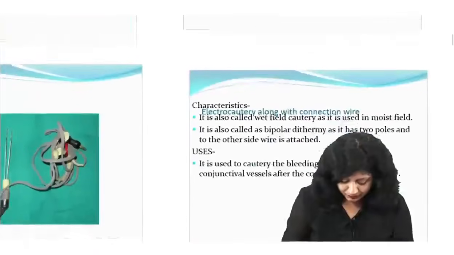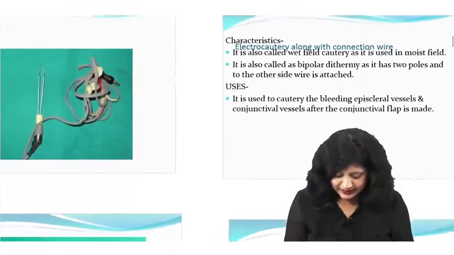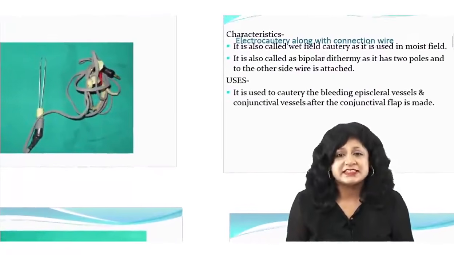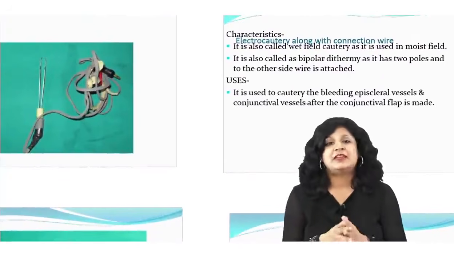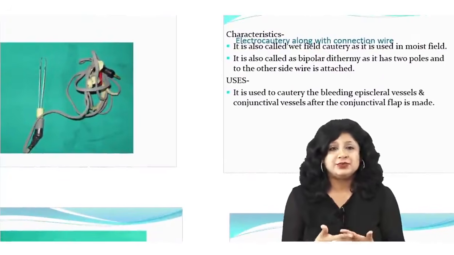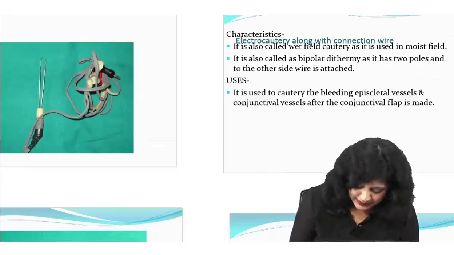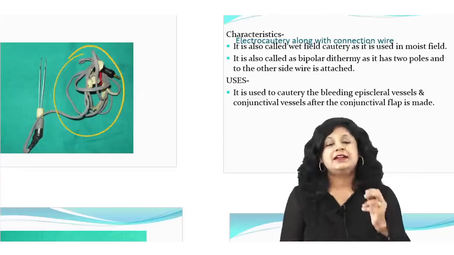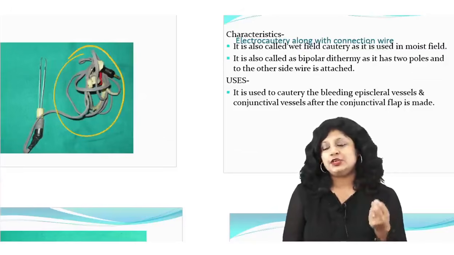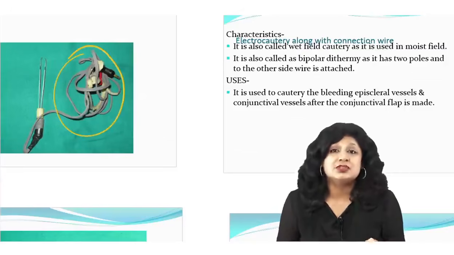Alright. Now see this. I think this is easy to remember as well as to identify. Can you see the electrical part here? We have this electrical part, and this is very commonly used in cataract surgery.